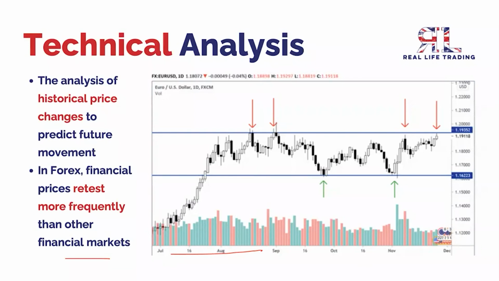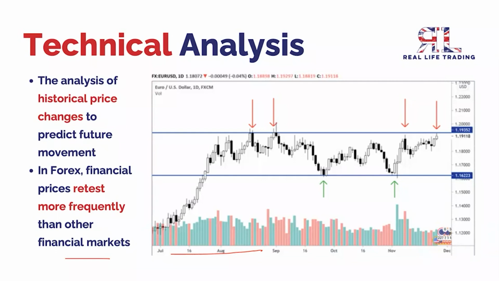But what is technical analysis for those that don't know? It's the analysis of historical prices or changes to the price, and we use that to try and predict future movements. So we do that to see what's happened in the past and what people did in the past to see if we can predict what is happening in the future.